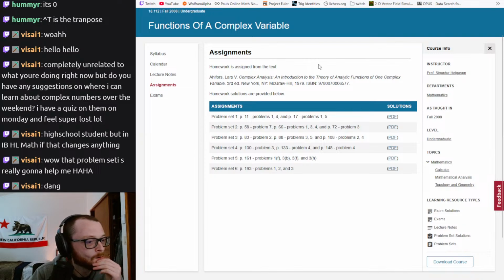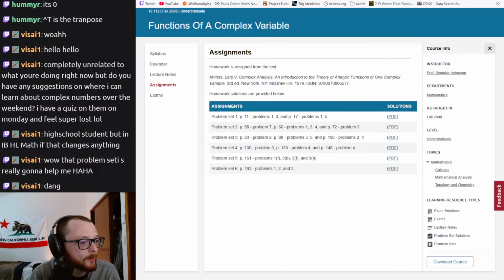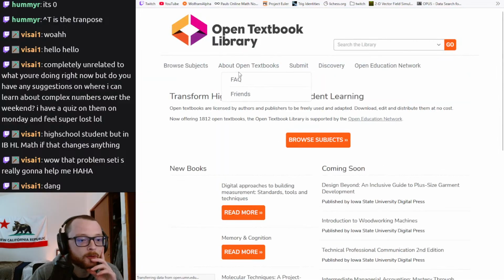Hmm. What about this website? It has textbooks that are free and legal.